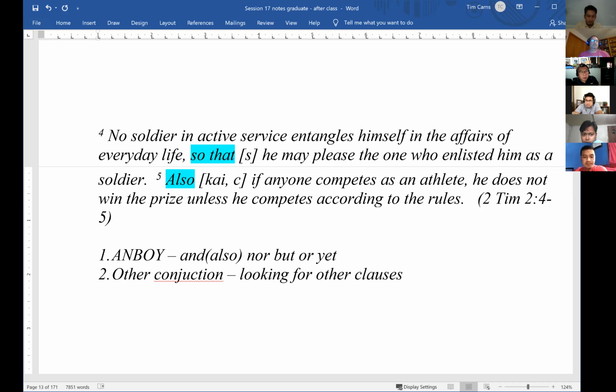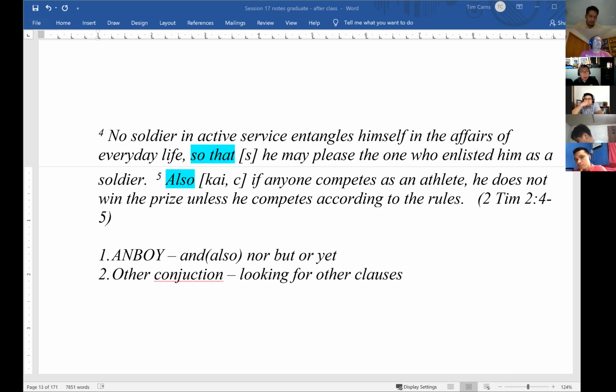In fact, let me see. The New King James translated it as "and." The NIV translated it as, where is it? Oh, as a "but," okay.